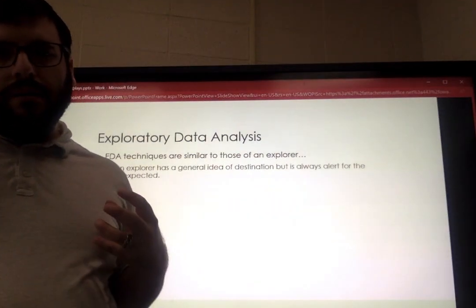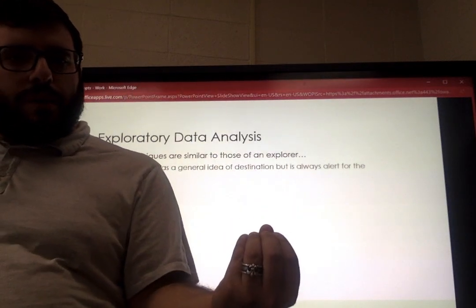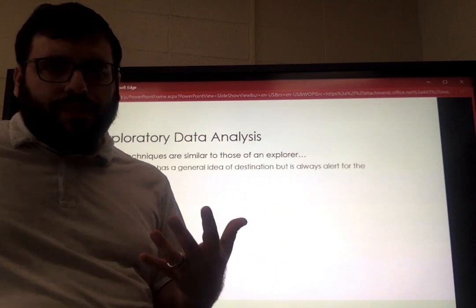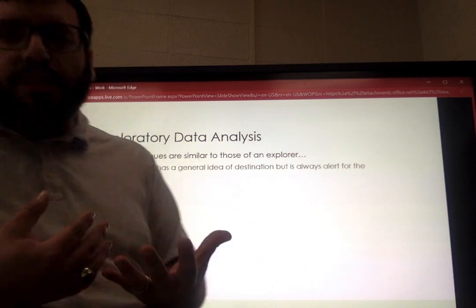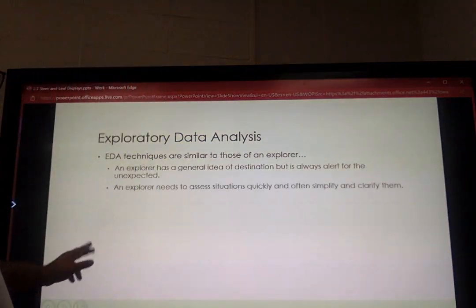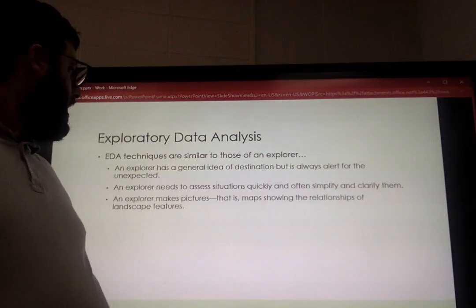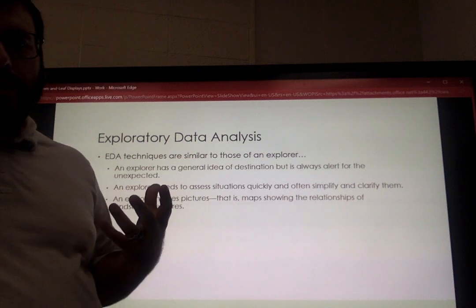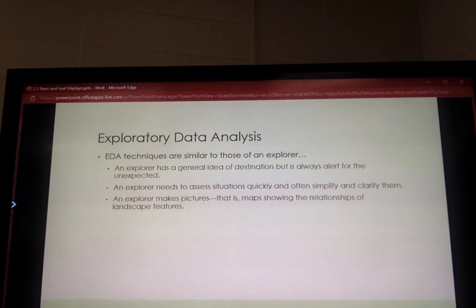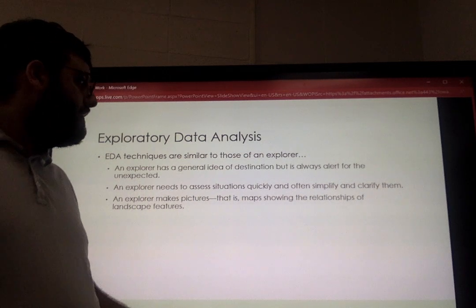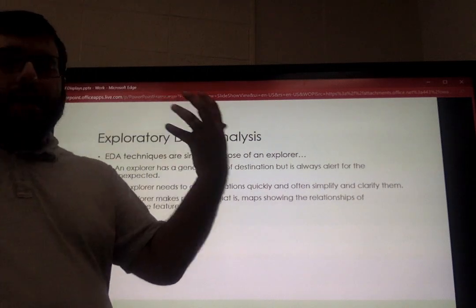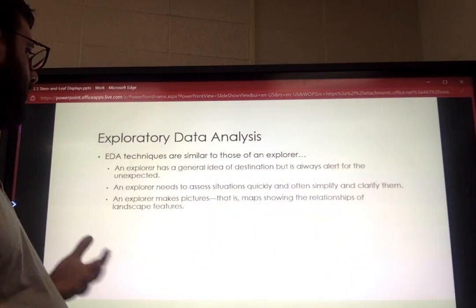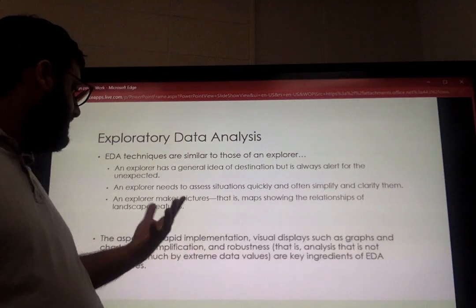We generally know where we're going, but it still leaves room for the unexpected. And when the unexpected happens, we need to assess the situation quickly and clearly. And then, of course, an explorer maps out the relationships of landscape features. So EDA techniques also help us show relationships between data here.